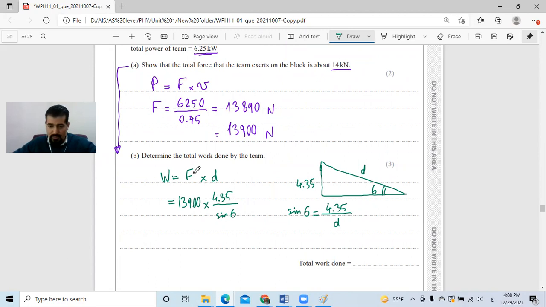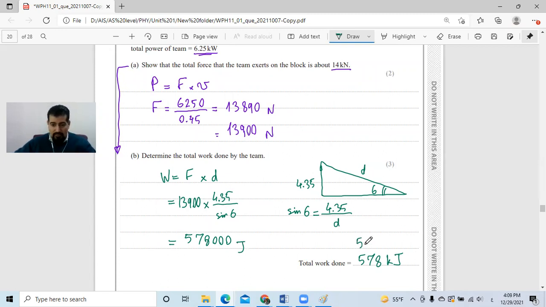By using the calculator, it will be 578,000 joule, 578 kilojoule.